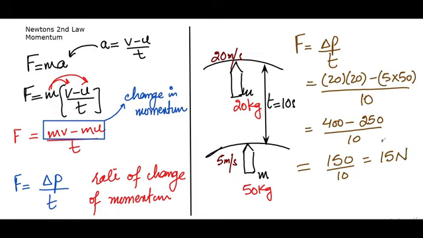Now I'm using the word average force. What is the reason for that? The reason is there would be many instants between these two locations where the mass is decreasing with every passing second. So the amount of force will be changing at every instant as the speed changes with the passage of time.